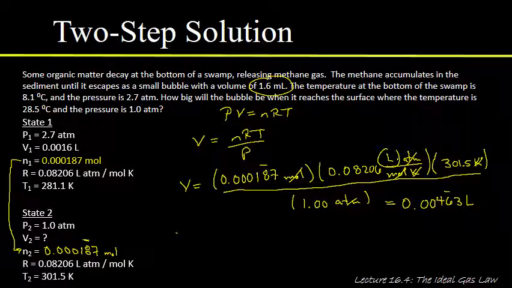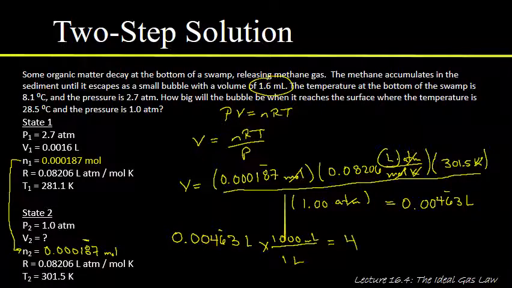Okay. So let's just do that really quickly. 0.00463 liters times 1 liter contains 1,000 milliliters. This gives us 4.63 milliliters, and if we're rounding it to 2 significant figures, then our final answer should be 4.6 milliliters.